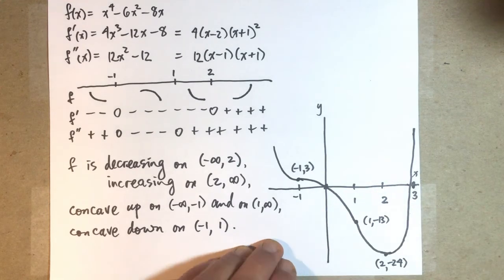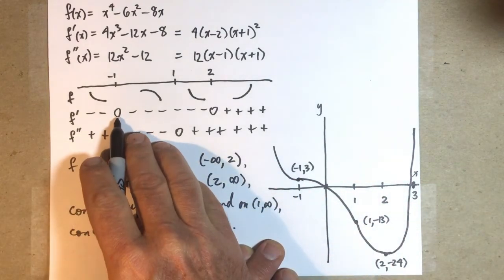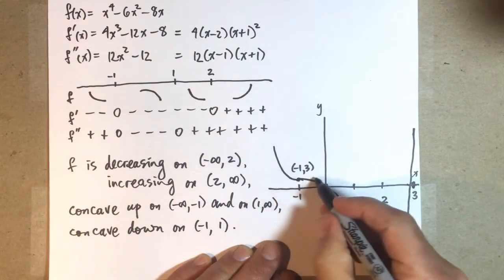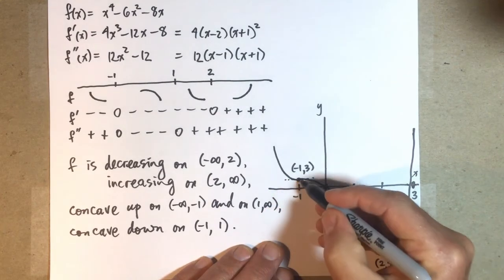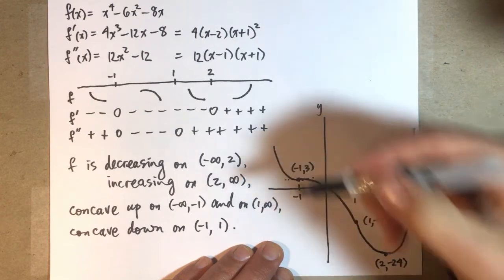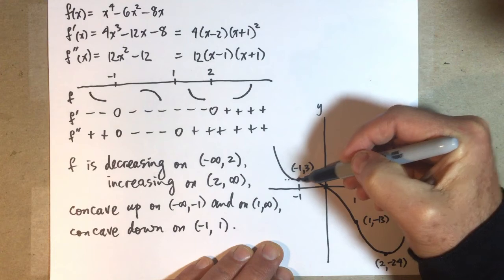Notice here at the point minus 1, the derivative is 0, so we have a horizontal tangent. That's a critical point. So this is not a local extremum. It is, in fact, an inflection point because the curve changes concavity there. It goes from concave up to concave down.